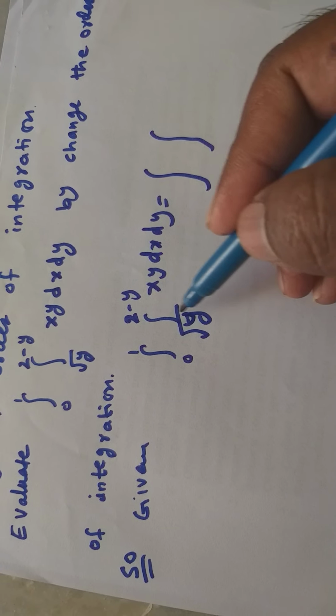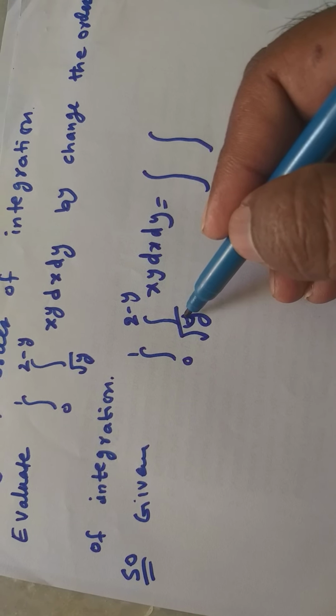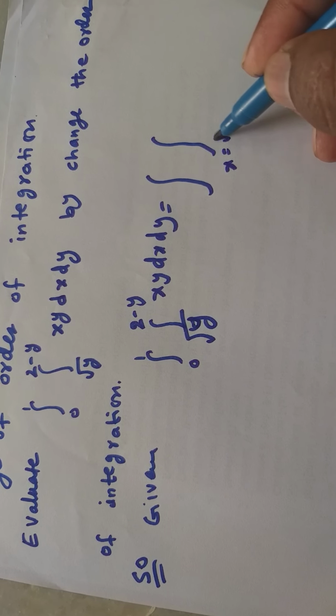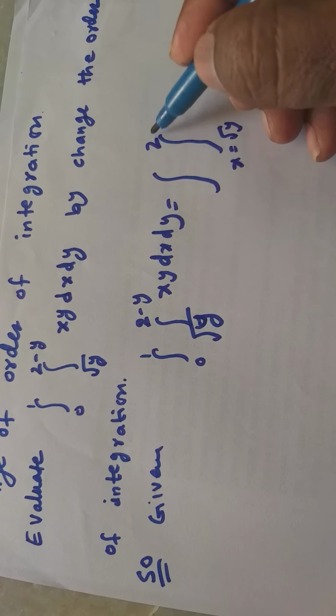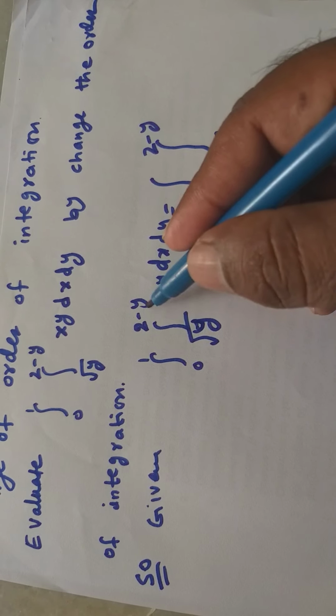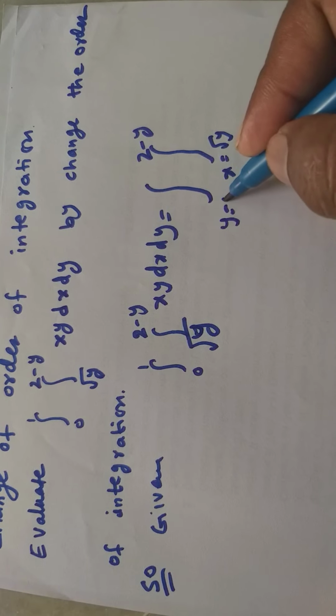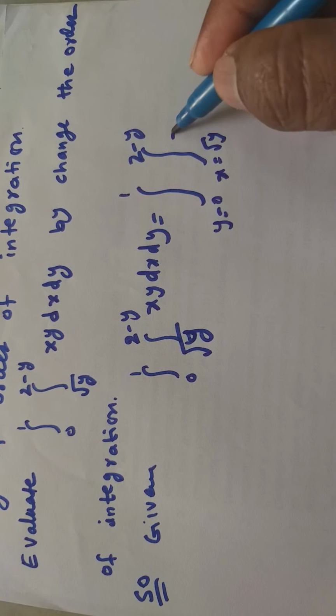So these limits are functions of y. If the limits are functions of y, then these are x limits, and the other limits are y limits. Now the y limits are 0 to 1.